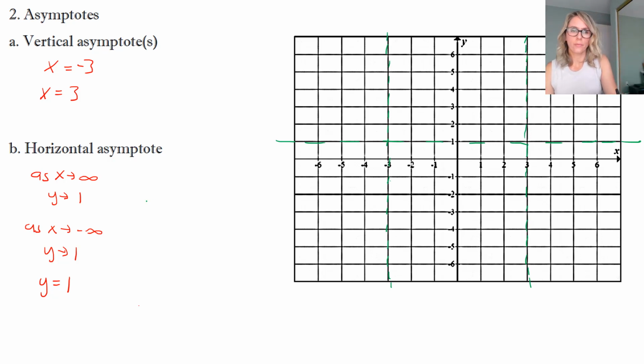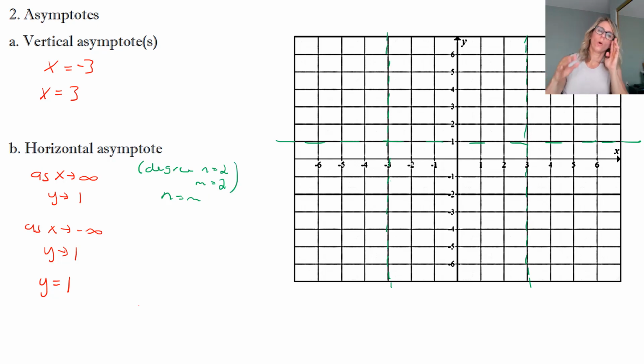And again, this is because degree n equals 2, m equals 2, so n equals m. So we're just looking at the coefficients of the leading terms. So we have an x squared over an x squared. That's just 1 over 1, which is 1. We'll see more examples of this for sure.